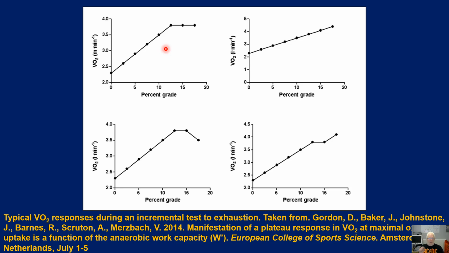Now, is that because they've stopped because of fatigue, or is it that they can't produce a plateau? And if they produce one of these other responses which we typically see, are these still a max effort? Because if the VO2 isn't rising, as you see here, this is what is typically referred to as VO2 peak.